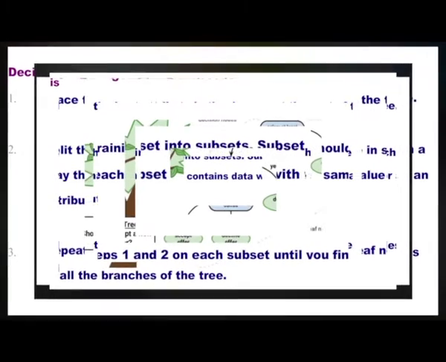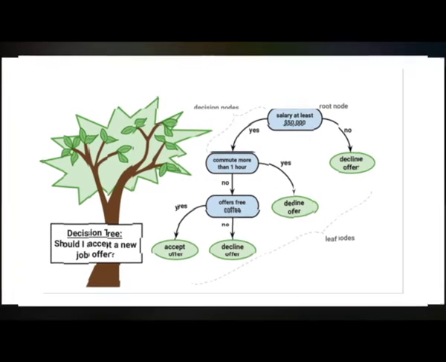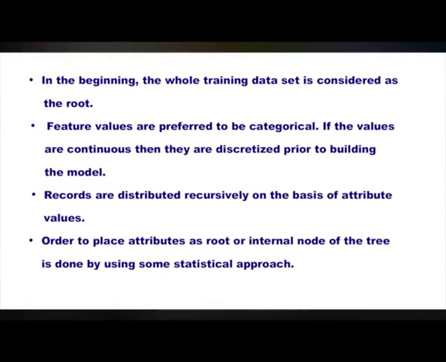There are a few assumptions made while creating a decision tree. It includes, in the beginning, the whole training data set is considered as the root. Next, feature values are preferred to be categorical.